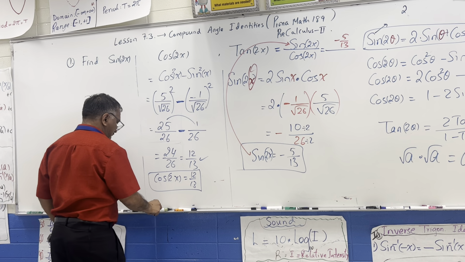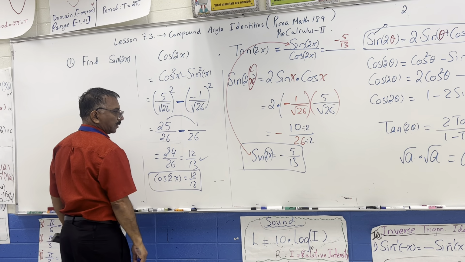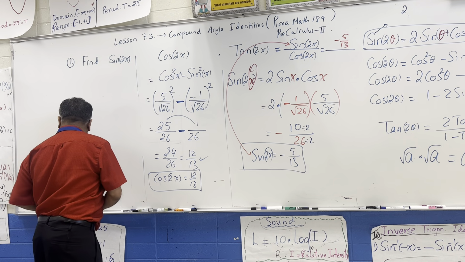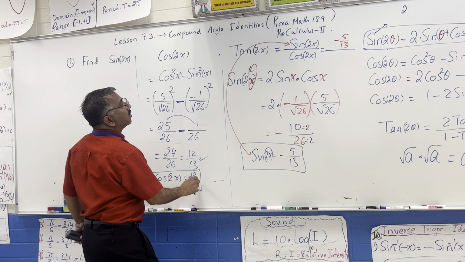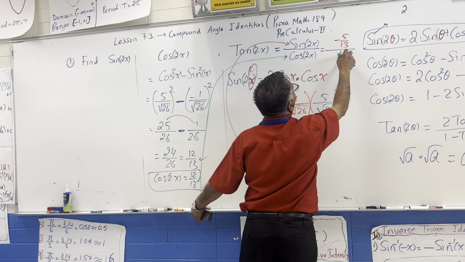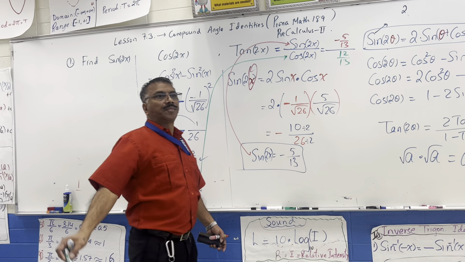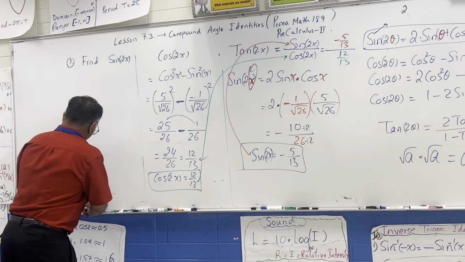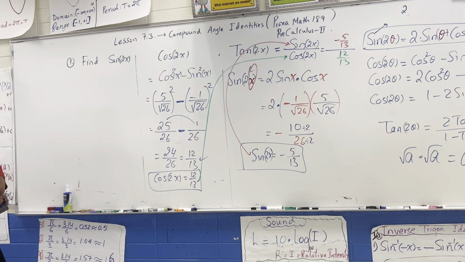And this cosine goes right here, which is 12 over 13. Agree? So the color coding will help you. Is that okay?